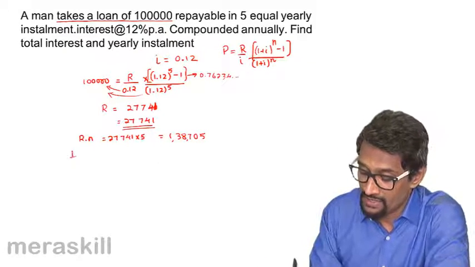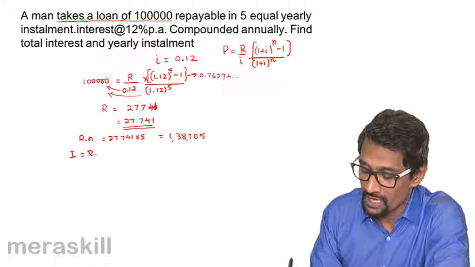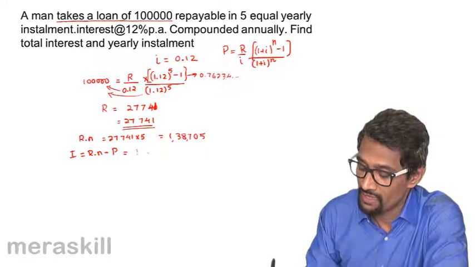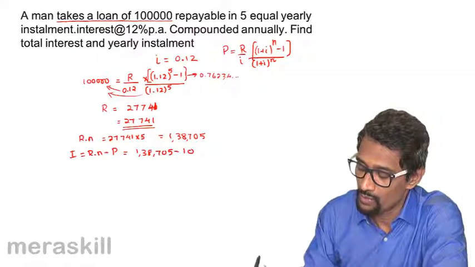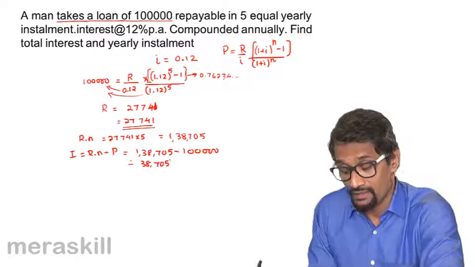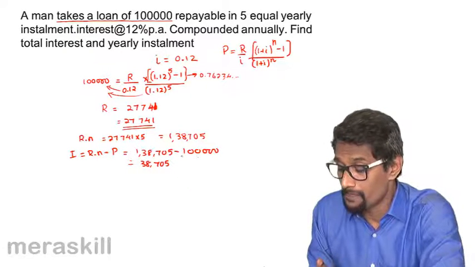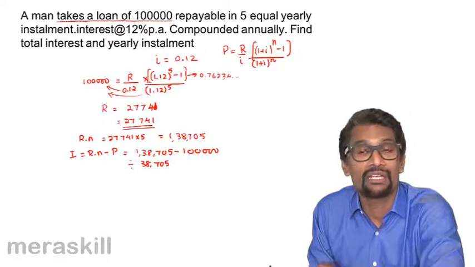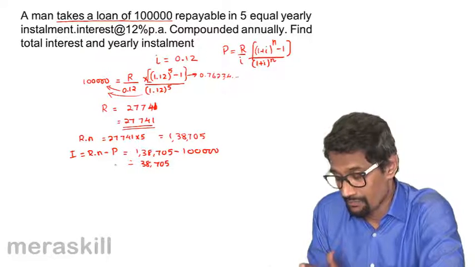And interest is going to be nothing but R into N minus P, which will be 1,38,705 minus 1 lakh, which turns out to be 38,705. That means whatever is the present value of 1 lakh turns out to be 1,38,705 net over the period.